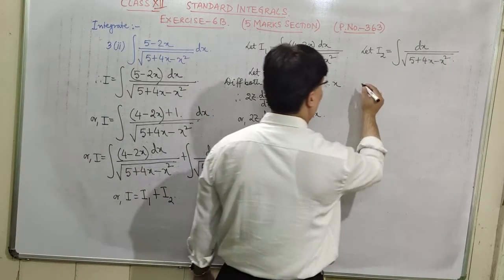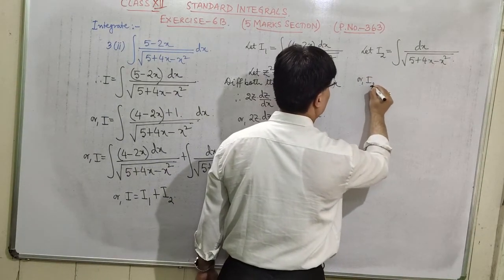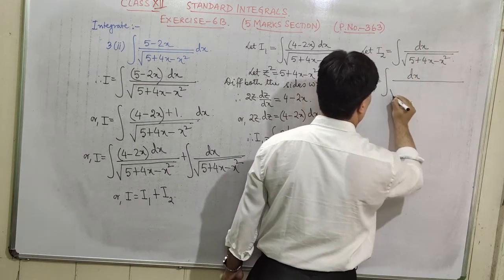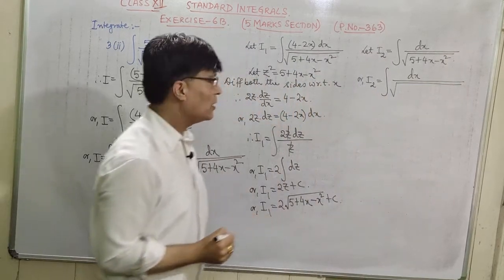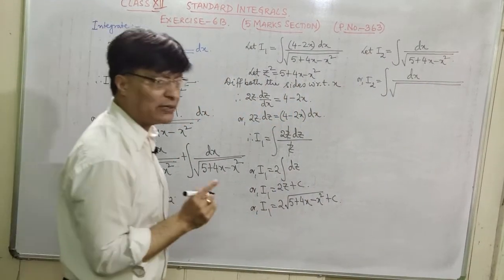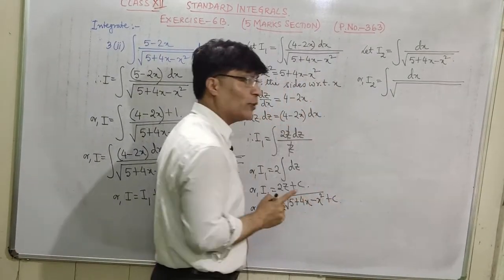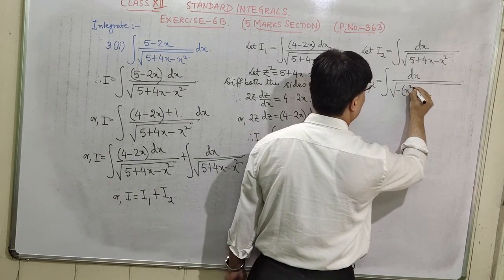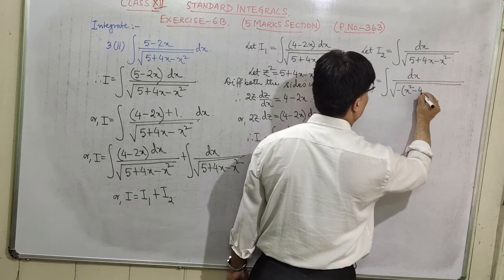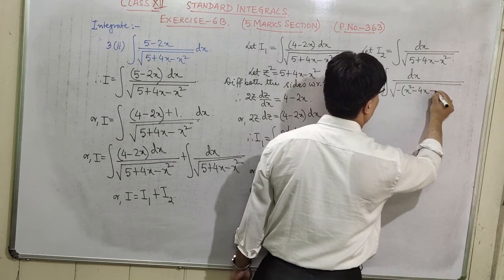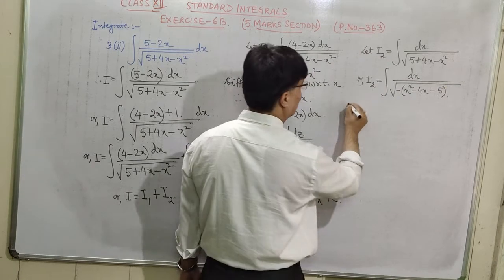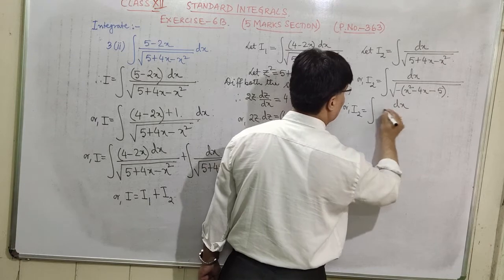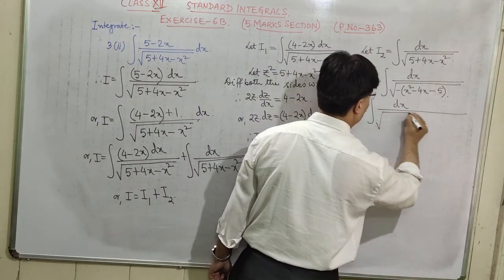So we can take minus common here, so I2 is equal to integration of dx divided by within square root, x square minus 4x minus 5, with minus taken common to make the coefficient of x square positive 1.